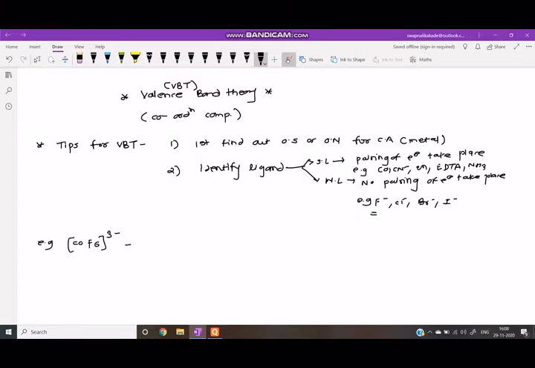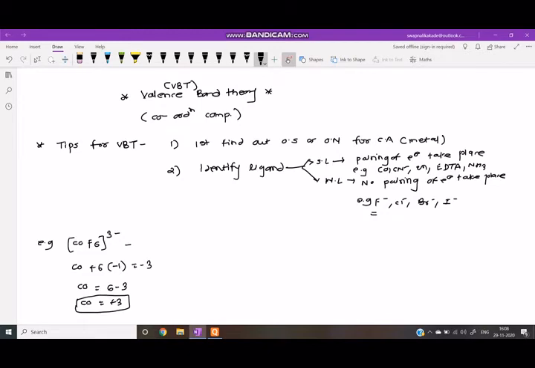Now we can find out the oxidation state of cobalt. The oxidation number of fluorine is -1. Here there are 6 fluorines, and the charge on the complex is -3. Co is equal to 6 minus 3, so Co is +3. The cobalt oxidation state is +3.